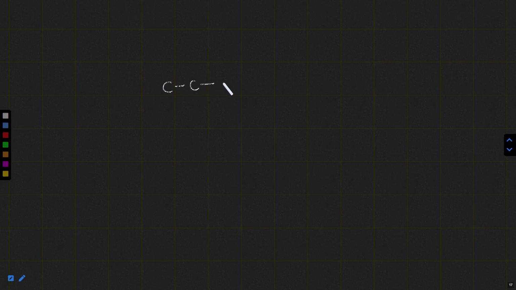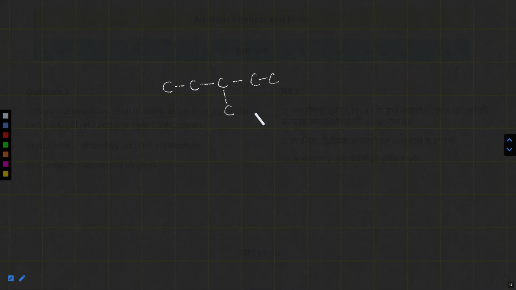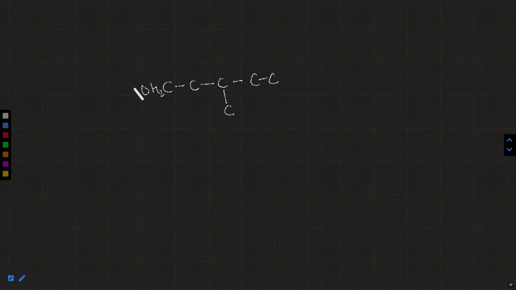Next, again 5 carbons. So 5 carbons can be placed in this way also. If you just place this carbon here, we can have one more structure. See? Now just place the alcohol. CH2OH, CH2, CH, CH2, CH3, and CH3.